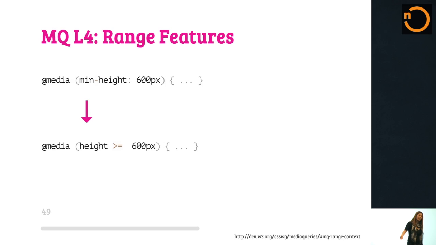So we know exactly what we're talking about, right? That means 600 is included. This is super new, and I don't know if it's ever going to be in the actual specifications. It was just proposed a few days ago. I really would love to have this. Again, I hate min-height, min-width, max. I don't like it, you know.